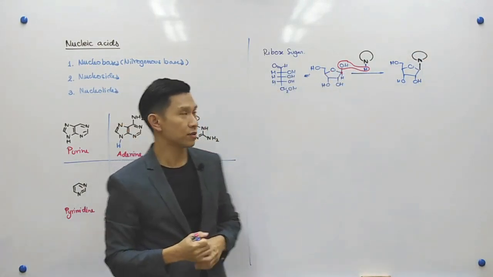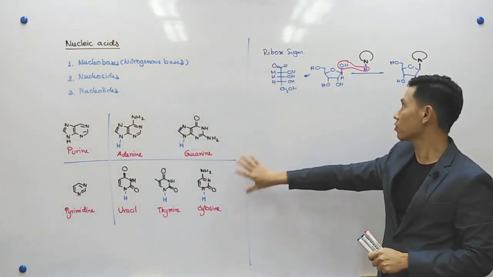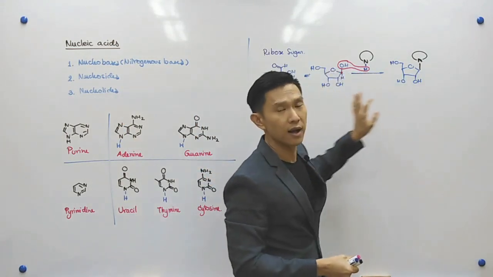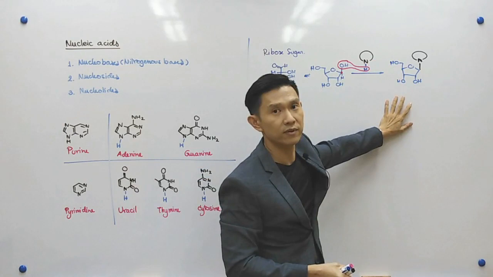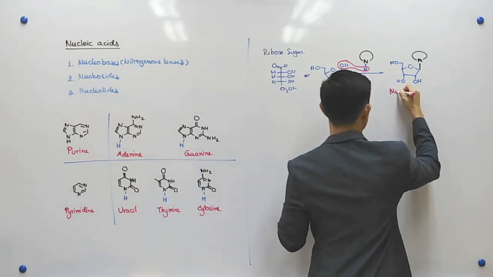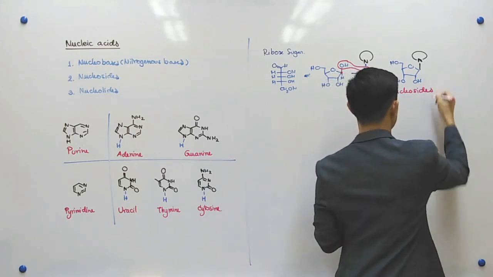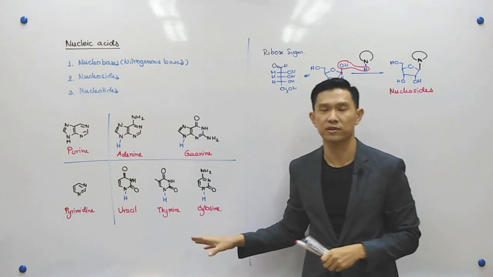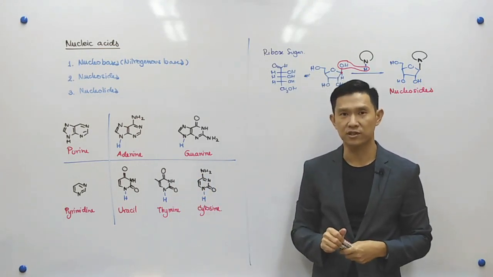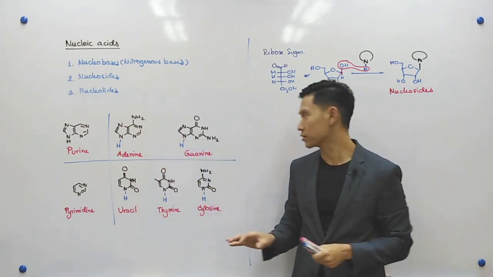Okay? So we have 5 nucleobases. All these nucleobases can condense with ribose sugar, and then at the end you have the nucleoside. This is called nucleoside. So there are 5 possible nucleosides basically, but the name of the nucleoside is changed from the name of the nucleobase to something else.